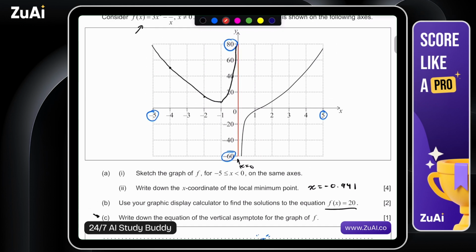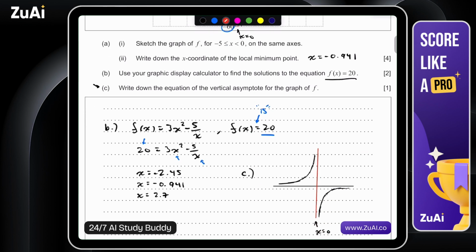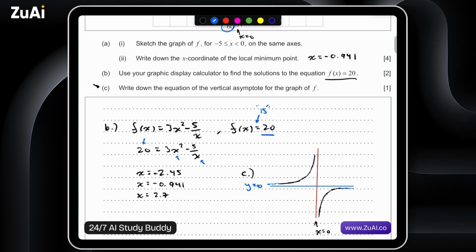Remember, the horizontal asymptote in this case would be on the horizontal axis. What do we approach but never reach? Well, in this case it would be y is equal to 0. So the vertical asymptote occurs when x is equal to 0. And lastly, they're asking us to write this as an equation, so please do not forget the equal sign. x is equal to 0 for vertical lines.